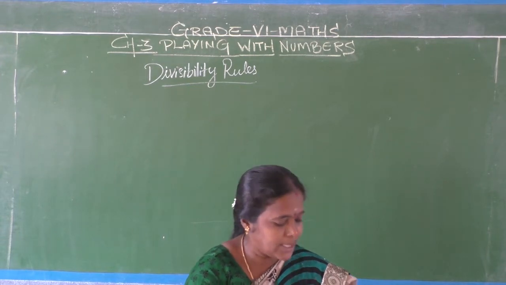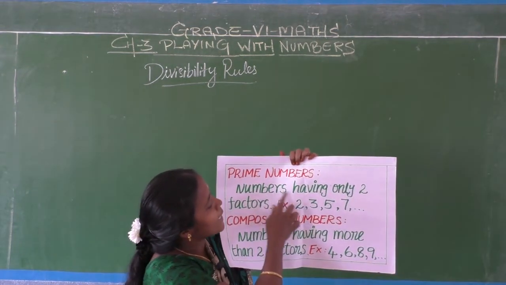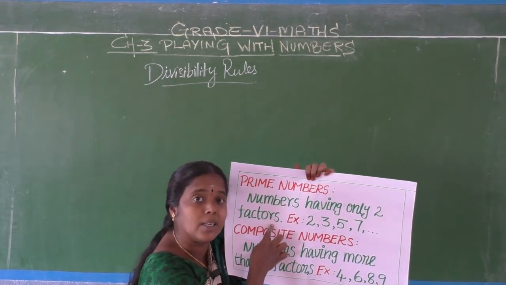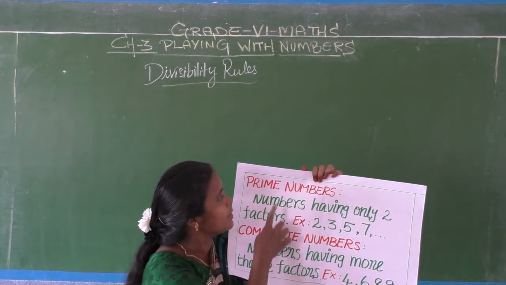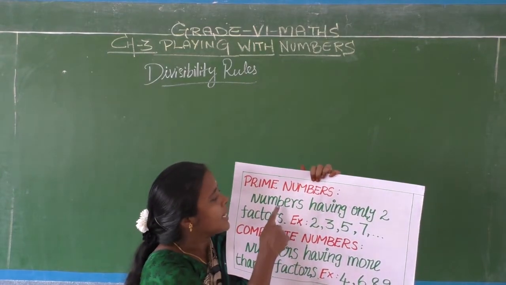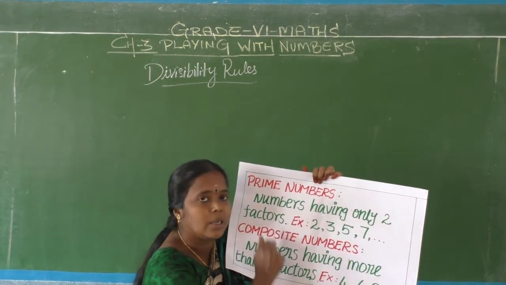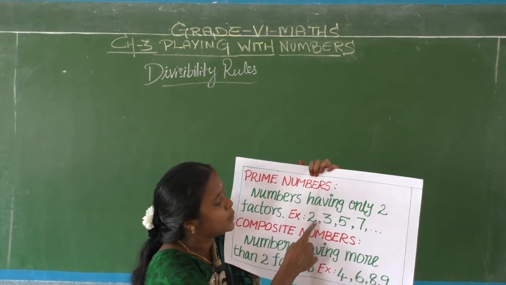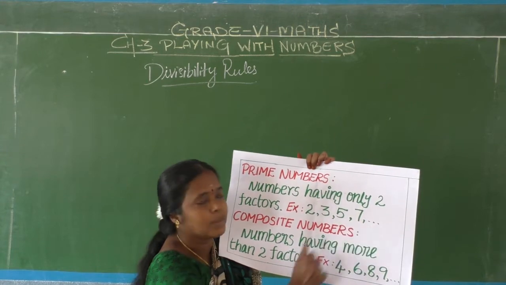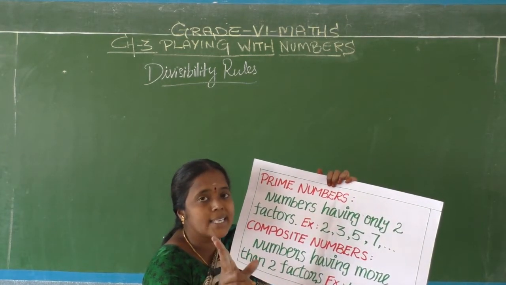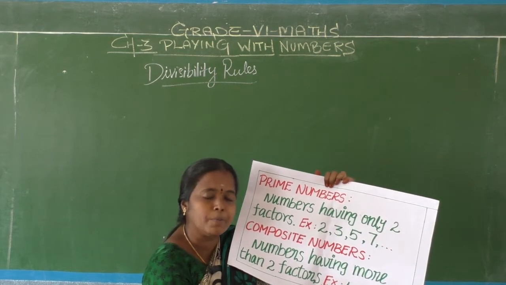The numbers having only two factors are called prime numbers. Example: 2, 3, 5, 7, etc. The numbers which have exactly two factors are called prime numbers.